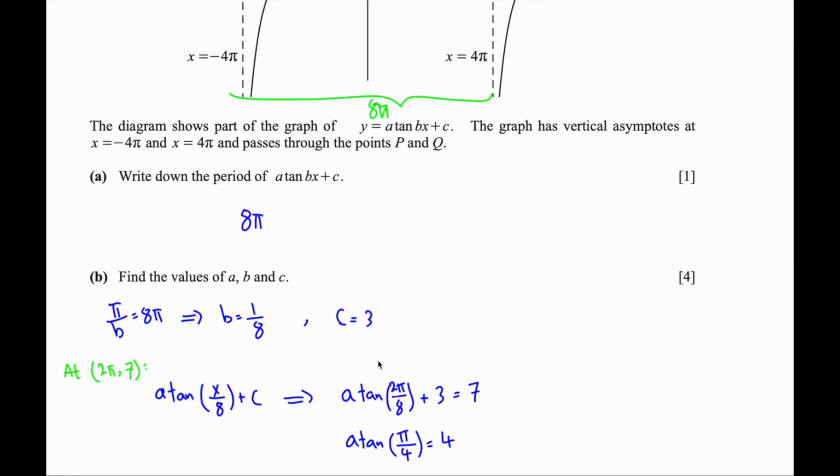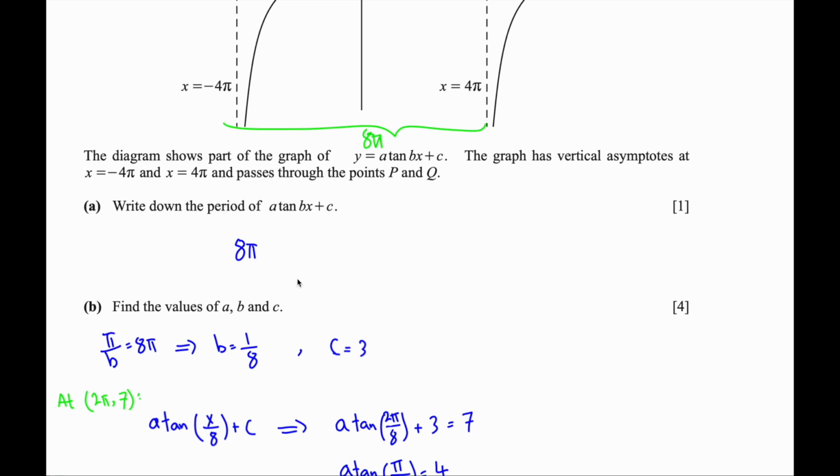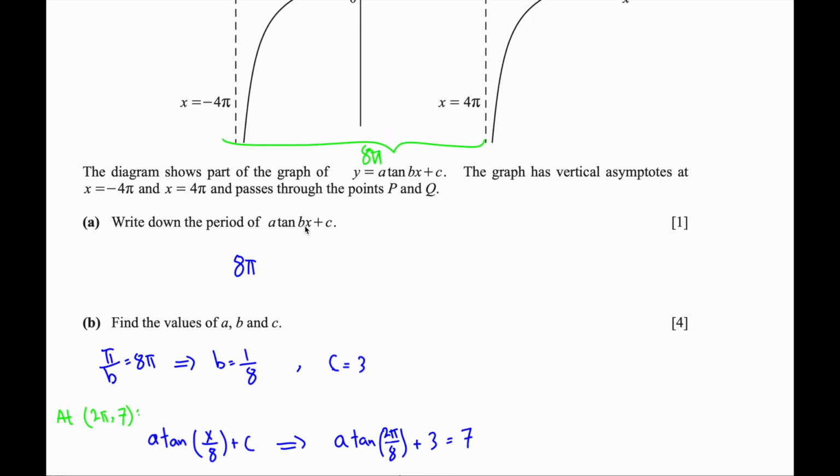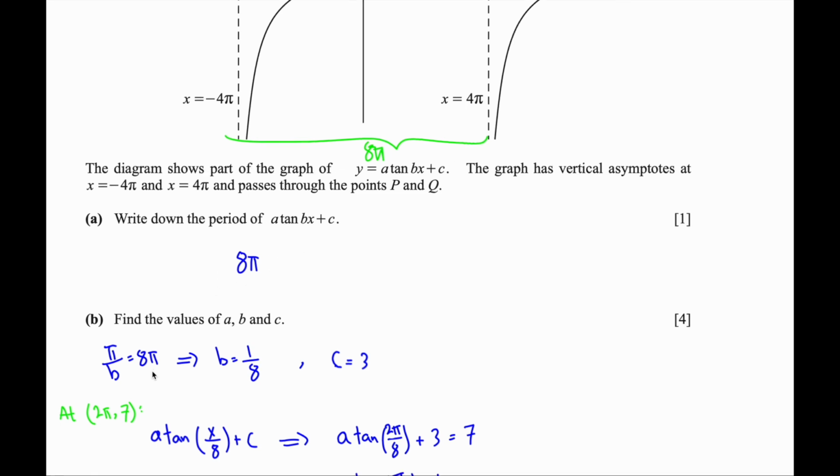In part B, I have to find the coefficients, the constants A, B, and C. So finding B is very easy because I already have the period, and from the formula you just have to divide the period of a normal tangent graph, which is pi, by B, and that gives me the period.